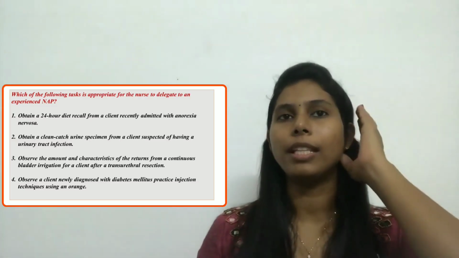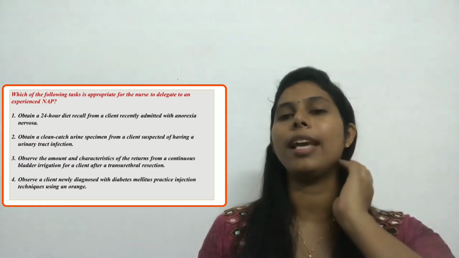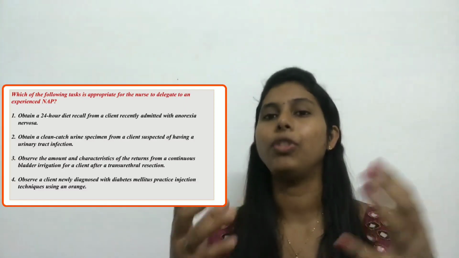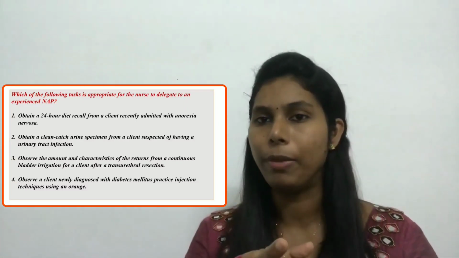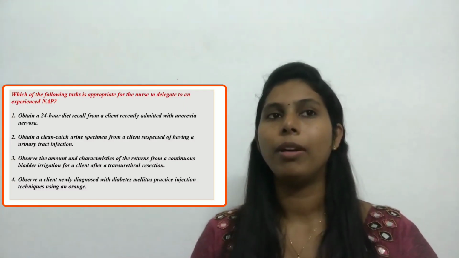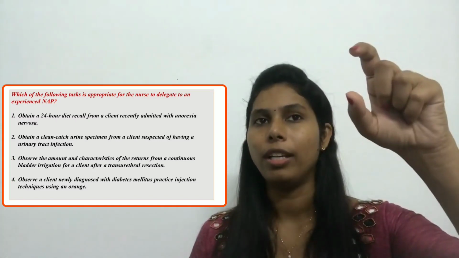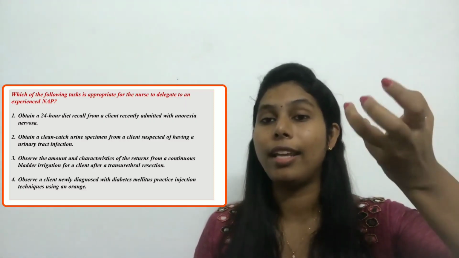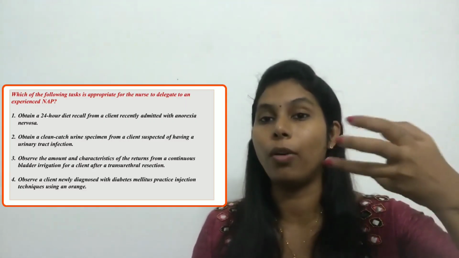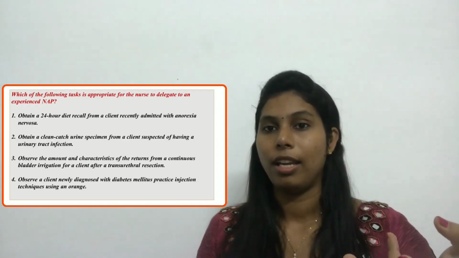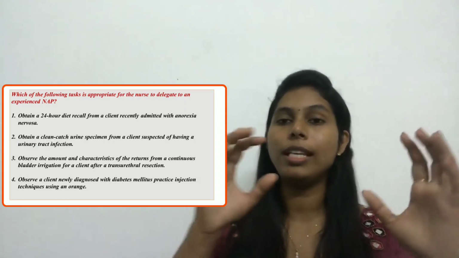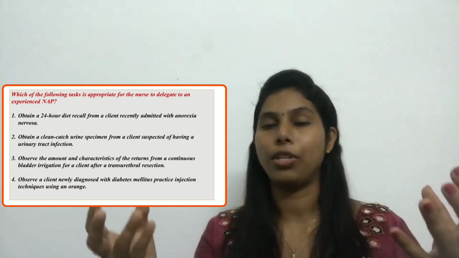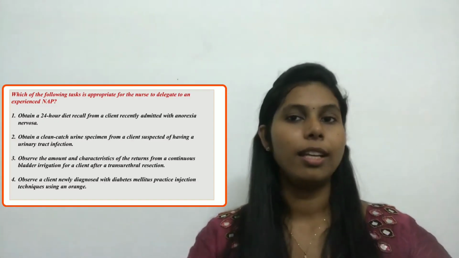Recently admitted means it requires an assessment. Assessment means we should not delegate this task to a UAP or an LVN, because the nurse should assess how much food the client is taking and how long she has had this problem. Based on that, she should make a judgment and evaluation. So we cannot delegate this task to a UAP either.